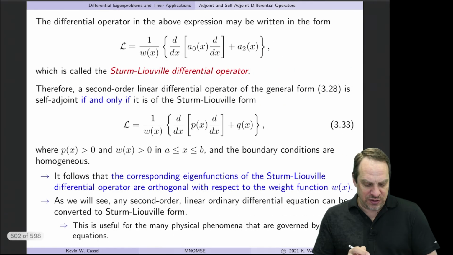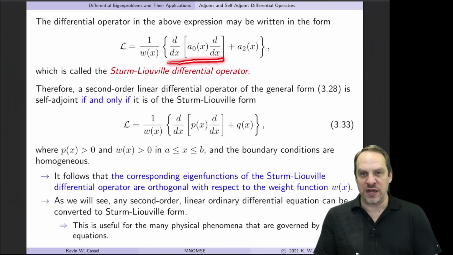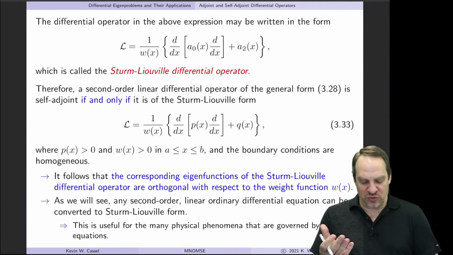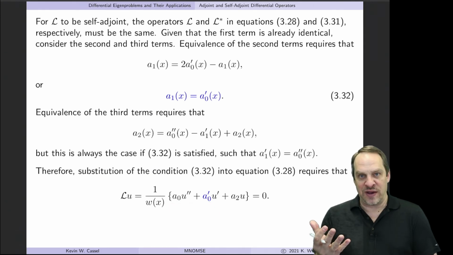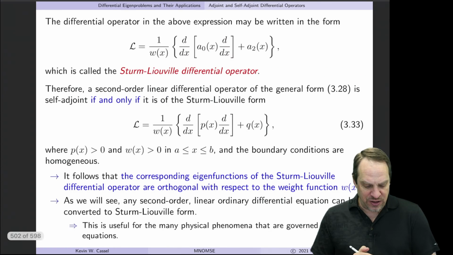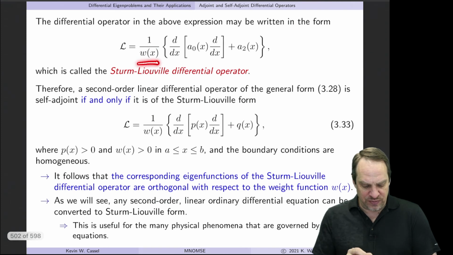So when you do that, it gives us this. It gives d dx of A0 times d dx. To see that reverse product rule, just take d dx of A0 times d dx, and you'll get back to this, of course, when you have it operating on u. So we have 1 over w times d dx of A0 d dx plus A2.